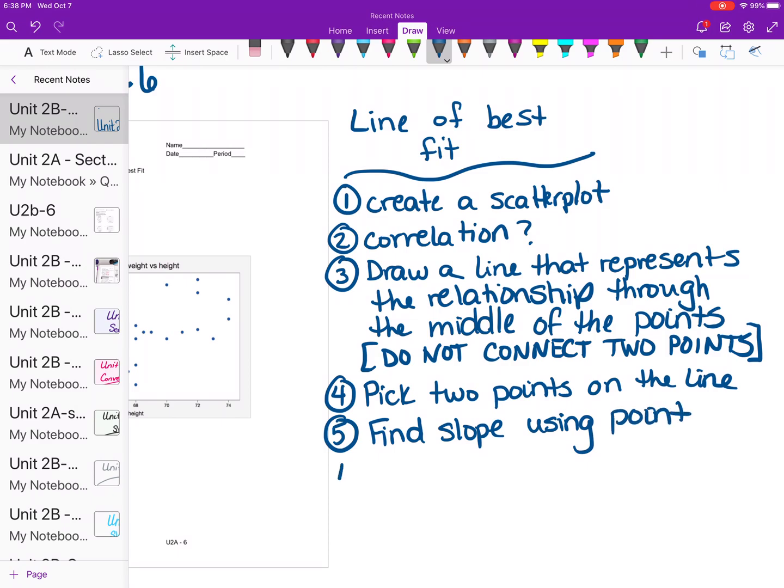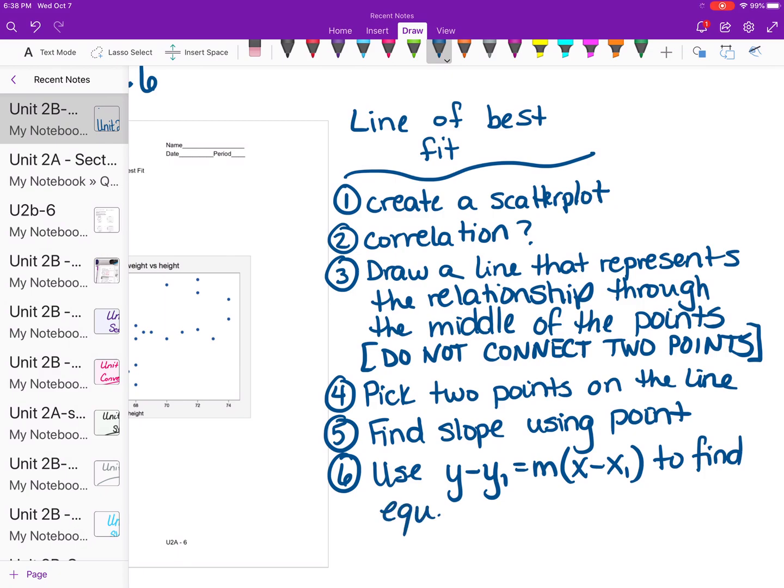And number 6 is to use point slope form of the linear equation. So that's going to be y minus y1 equals m times the quantity x minus x1 to find the equation. Now you already know how to convert, so if I asked for slope-intercept form, you would just take this point slope and convert it. If I don't ask in any specific form, then leave it in point slope form.